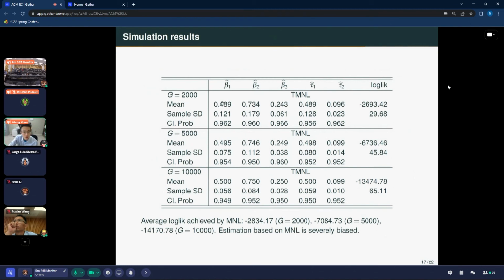You can see that the estimated parameters from the MLE are getting better and better. The true parameters are 0.5, 0.75, 0.25, 0.5, and 0.1. As the sample size goes up, it matches our theory: the estimation becomes better, and the standard deviation also drops. We also construct the confidence interval, and the coverage rate is around 95%.